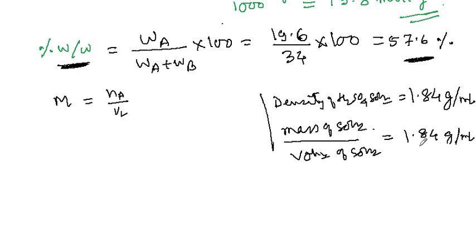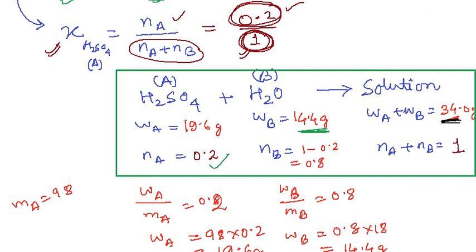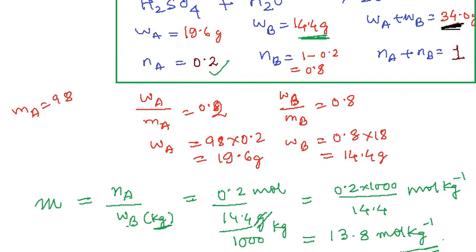So now what we have is the mass of the solution, that is weight of A plus weight of B. The volume, we don't know the volume, so let's just write it as volume. So this is 1.84 gram per ml. The weight of the solution that we have is 34 gram.